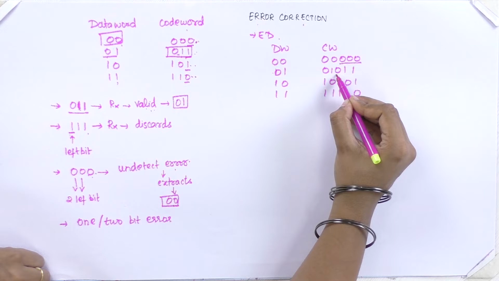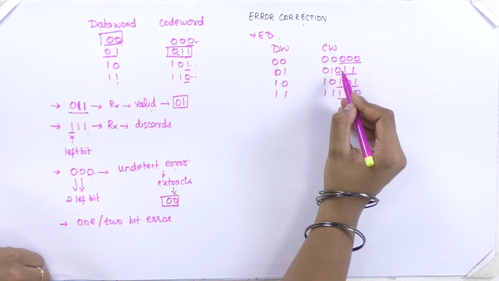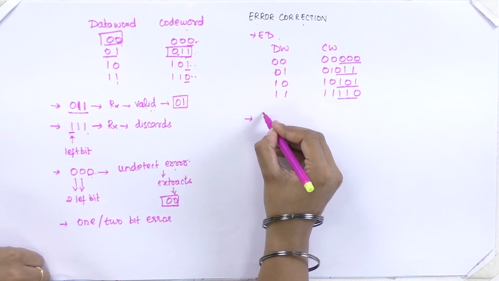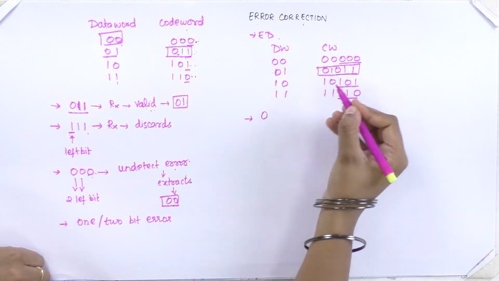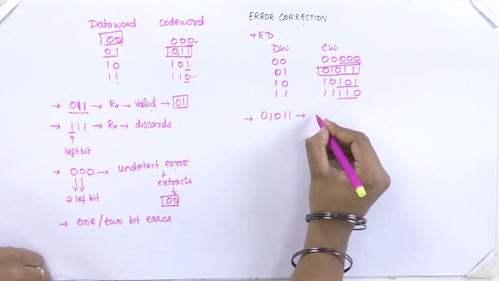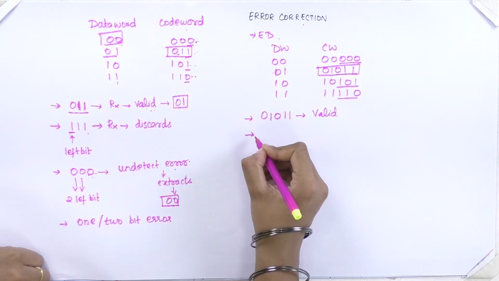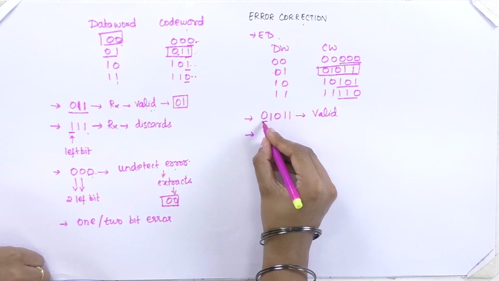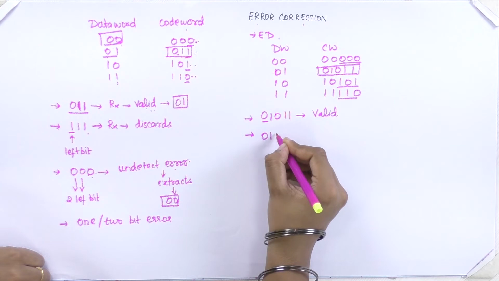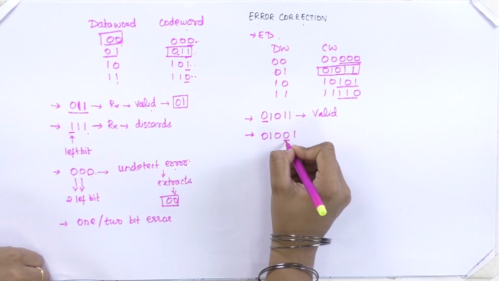I have added 3 R bits in my code word. Suppose I am transferring this particular code word to my receiver. The first case is my valid case, which is of no problem. Next one, this message got corrupted and has changed to 01001, which means this bit got corrupted.